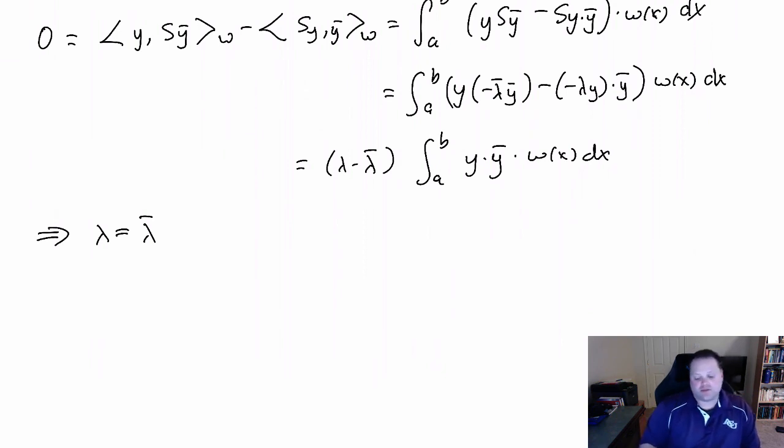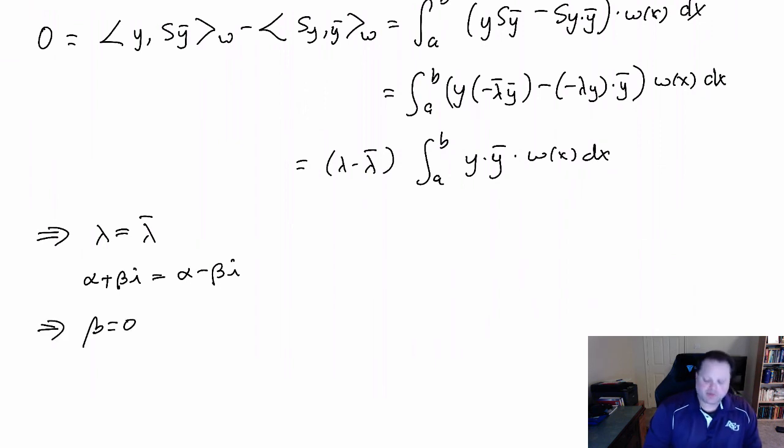If a complex number is equal to its conjugate, then alpha plus beta i has to be equal to alpha minus beta i. And the only way that's true is if beta is 0. So the conclusion is that the eigenvalue we assumed we had must be real.